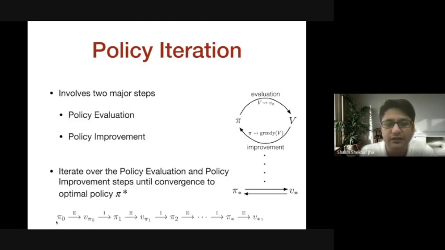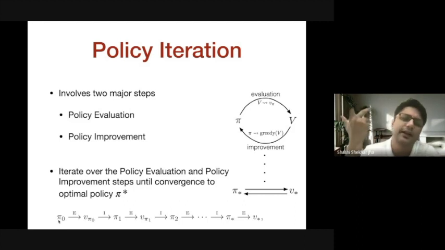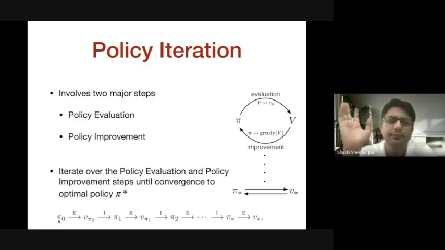So here at the bottom, you can see we will start with some policy pi naught, which is, let's say, a random policy or some arbitrary policy. We can evaluate this policy, and what we will get is the value function under this policy, the value of all the states under this policy. Once we receive all the values, we will use some improvement. There is a simple equation for that.